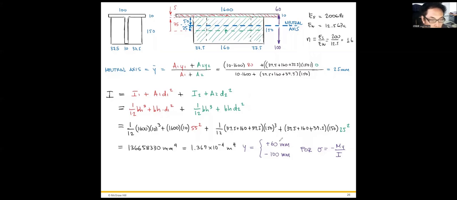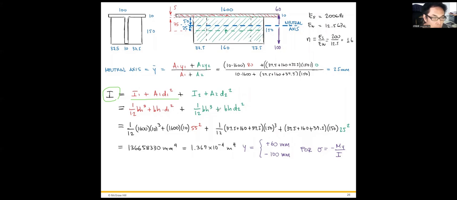Okay, so last lesson we already figured out the moment of inertia of this composite beam by using the parallel axis theorem.